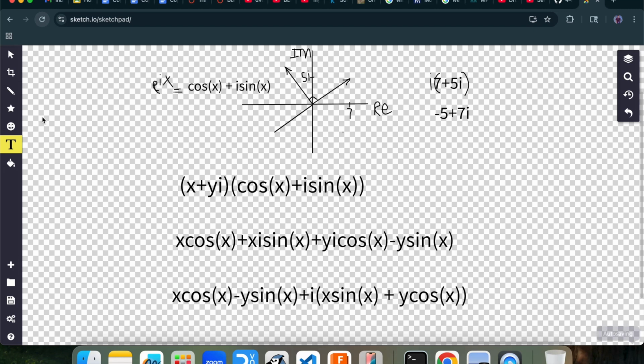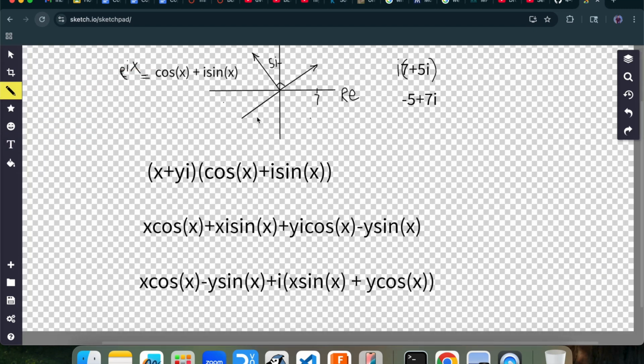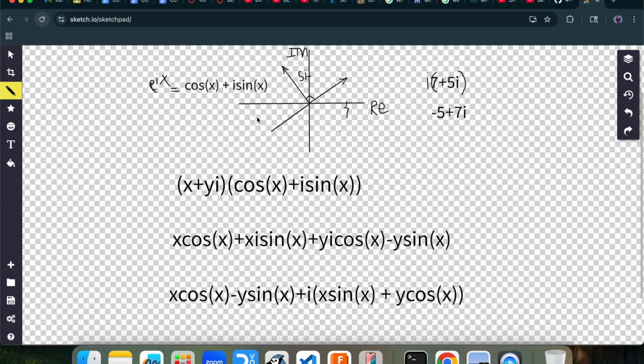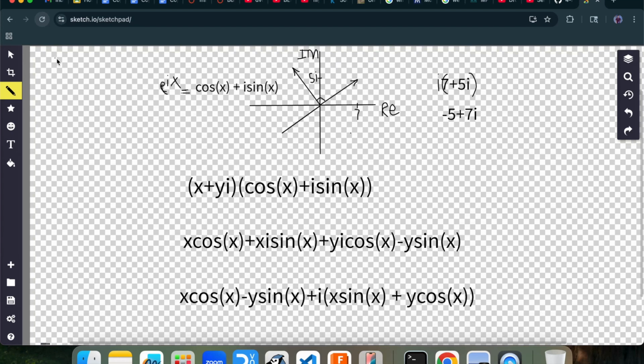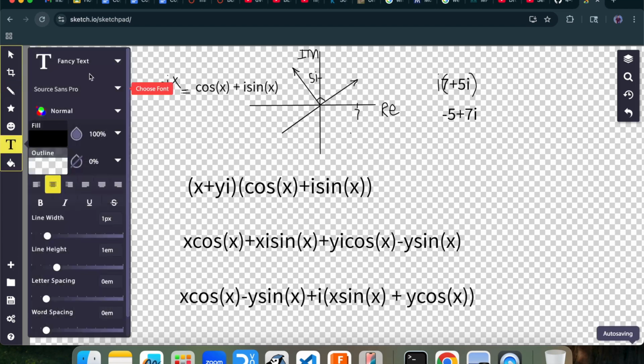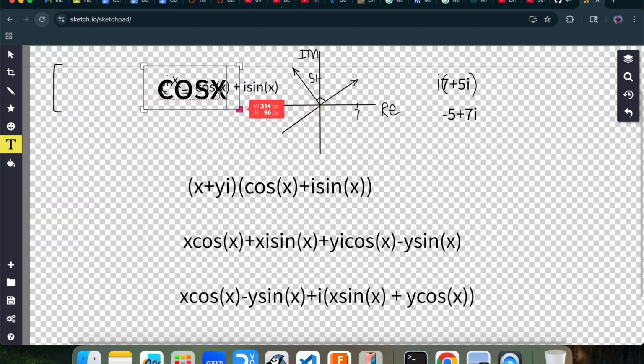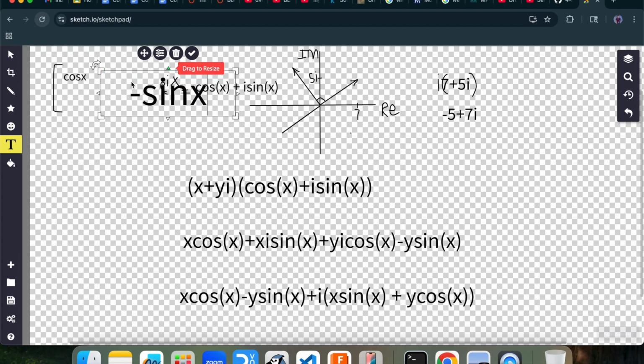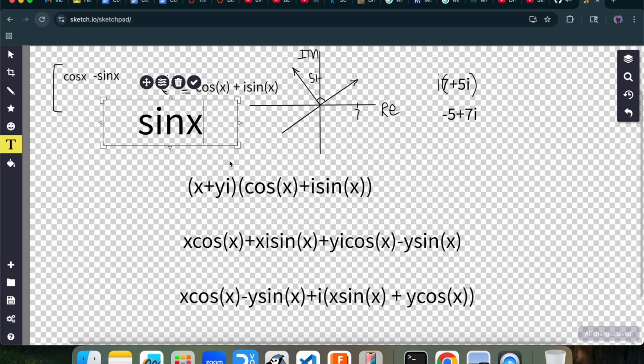And so if you actually take a look at this, this is a 2D rotation matrix, which is cosine x, negative sine x, and sine x, and then cosine x.